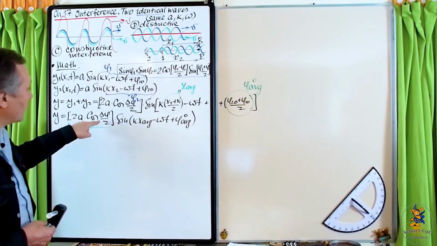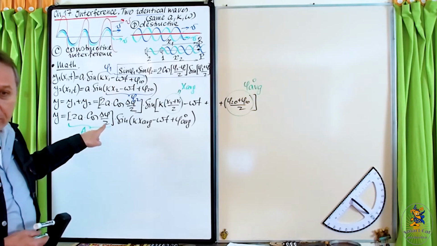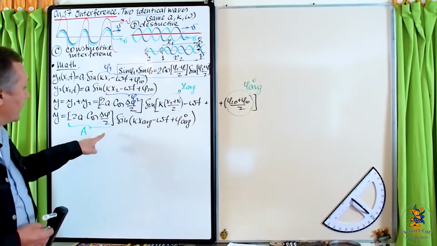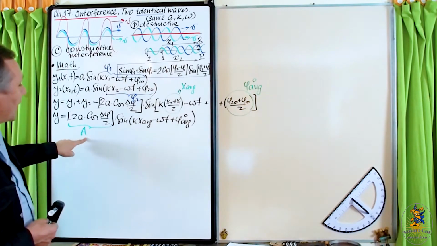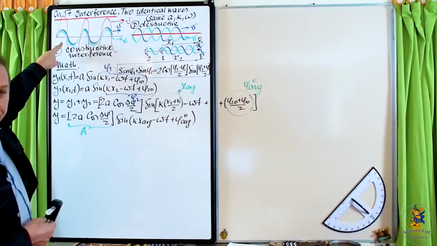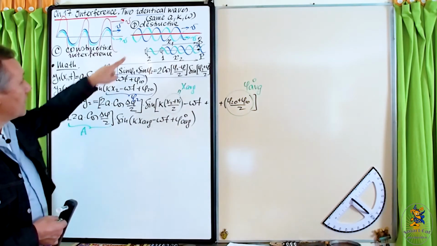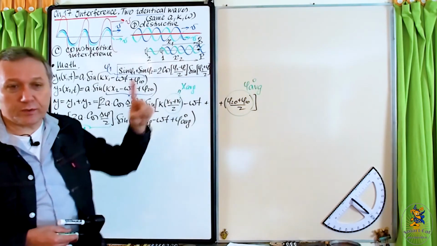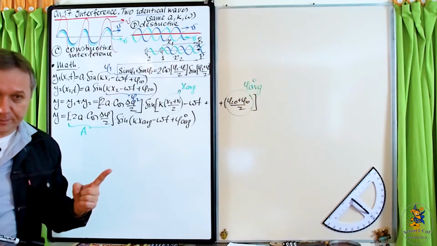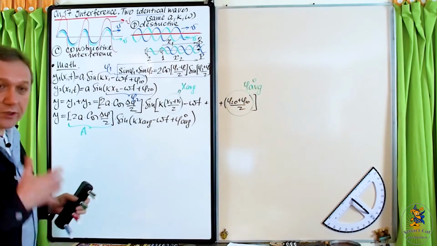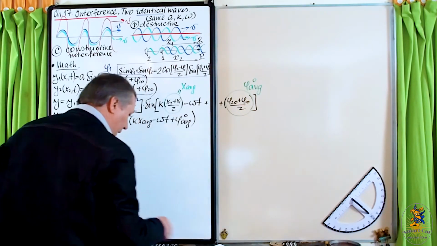Inside of this, there is lots of information. First we need to get the condition when amplitude is maximum, and then the situation when amplitude is 0.